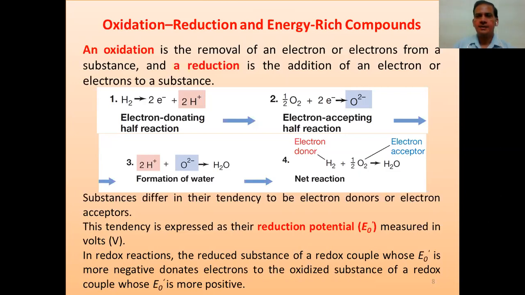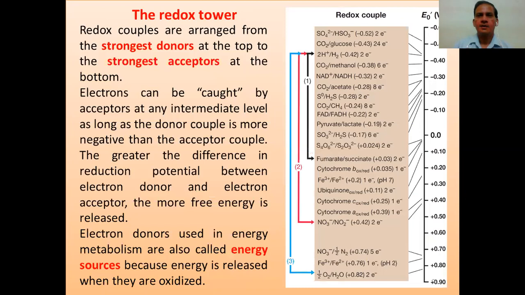So what I mean to say is that if we have a reaction where we have 2 molecules and they both have some reduction potential, usually the electrons will be donated by the molecule which has negative reduction potential to the molecule which has positive reduction potential. Okay, so from this we come to something called the redox tower.